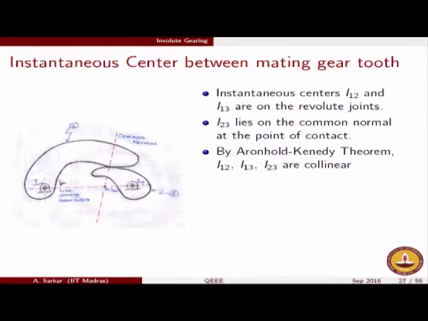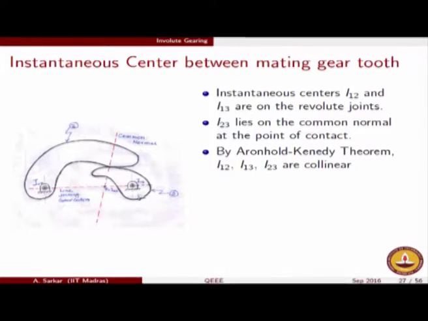We also know exactly two of those three relative instantaneous centers. We know exactly the location of I12, and we know exactly the location of I13. We do not quite know where the instantaneous center between 2 and 3 lies, but at this point we only know that it has to be lying on the straight line joining I12 and I13.